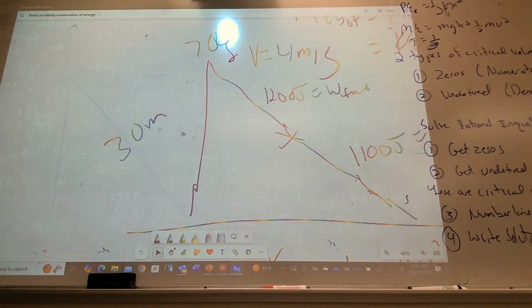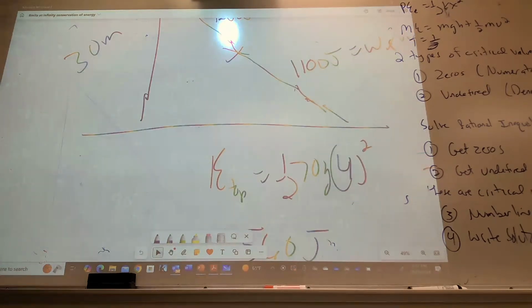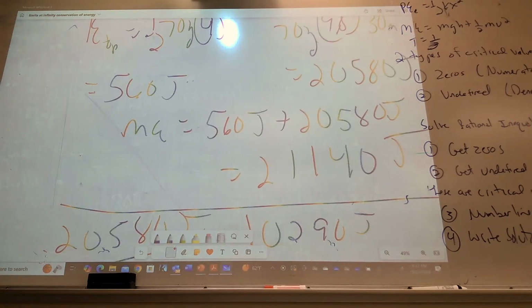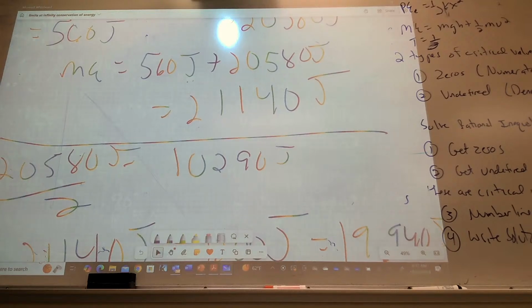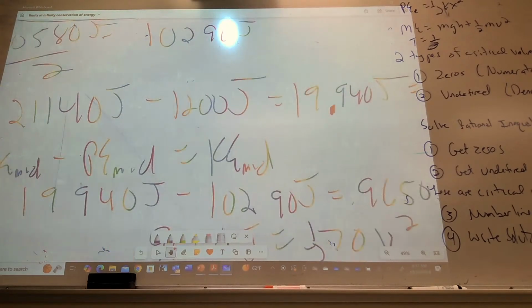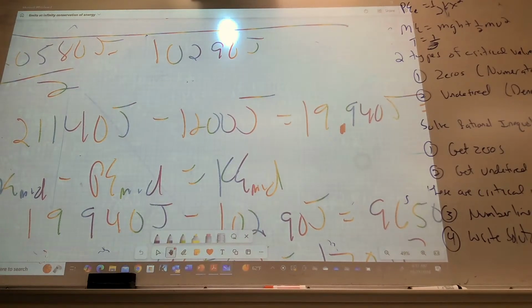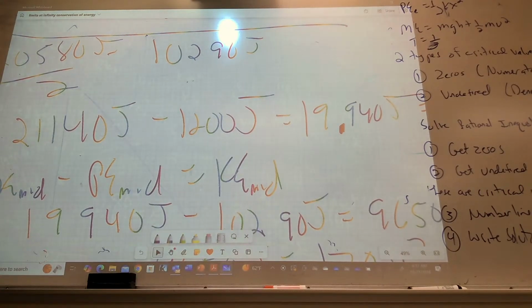Because halfway up, your height is 15. Now you get your speed in the middle, and then you do the same thing at the bottom and get your speed at the bottom.